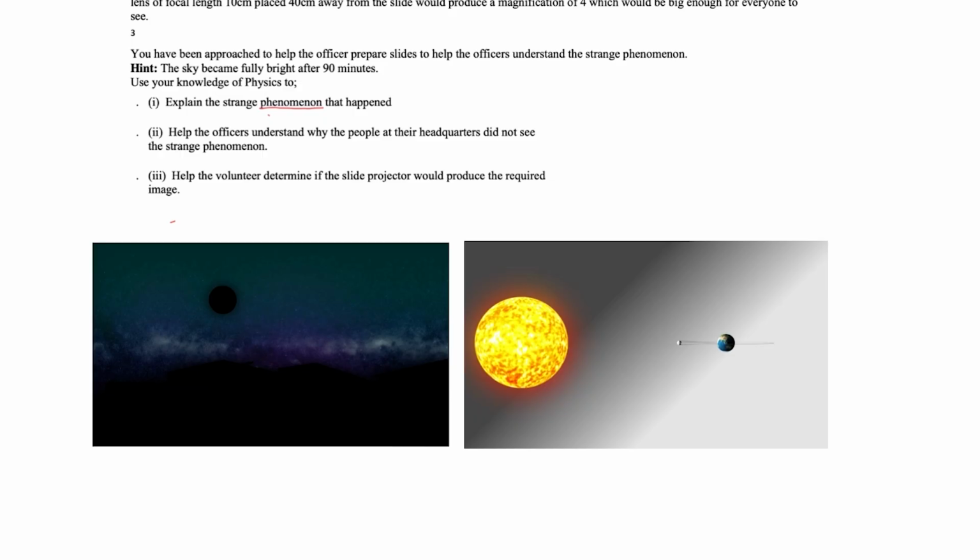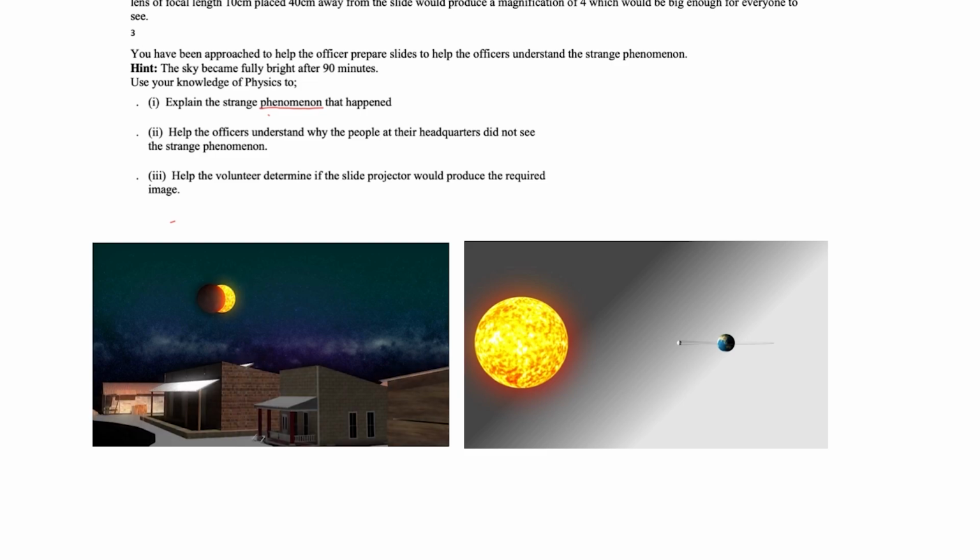But remember, our hint says that the sky became fully bright after 90 minutes. So as time went on, the sky became bright after 90 minutes. So that is the phenomenon we are required to explain.